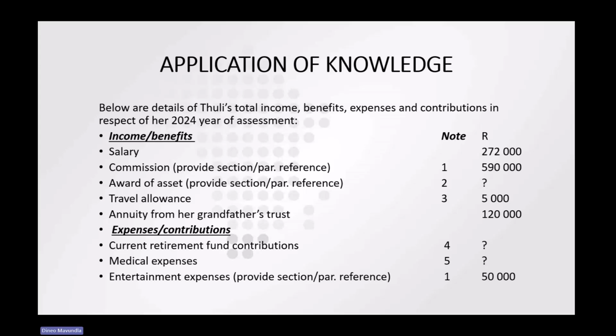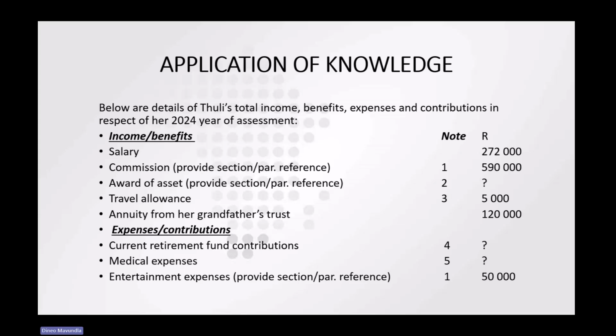So remember we said there needs to be that employer-employee relationship, so that the amount that you received must form part of your remuneration. In this case, this does not form part of that employer-employee relationship, number one, and also it's an amount that the employer wouldn't have known about, that annuity that she received from her grandfather's trust.